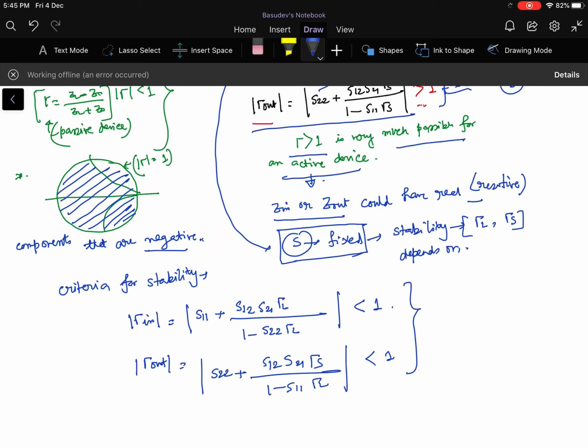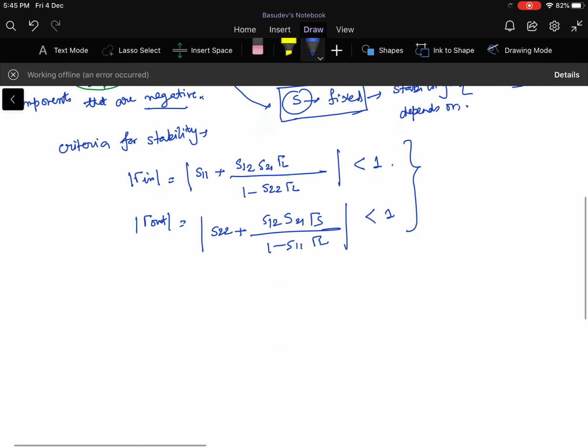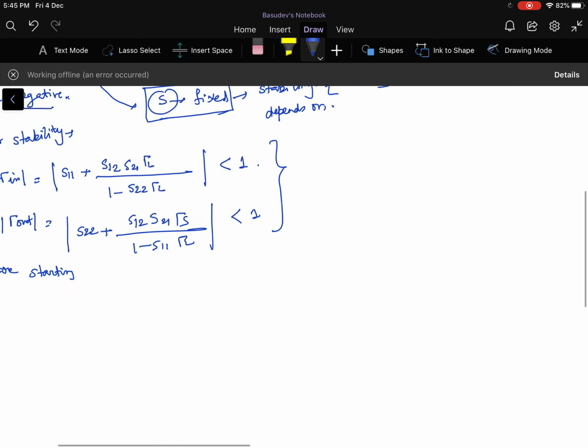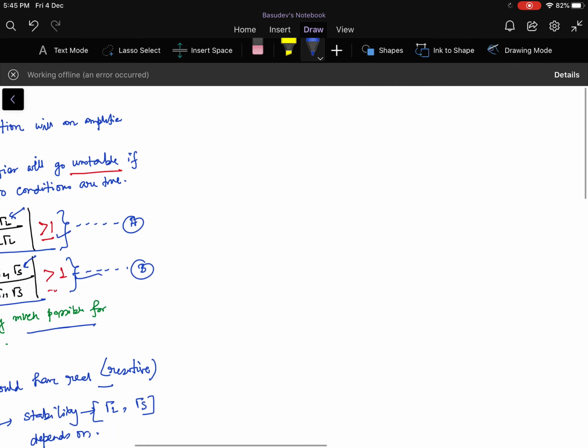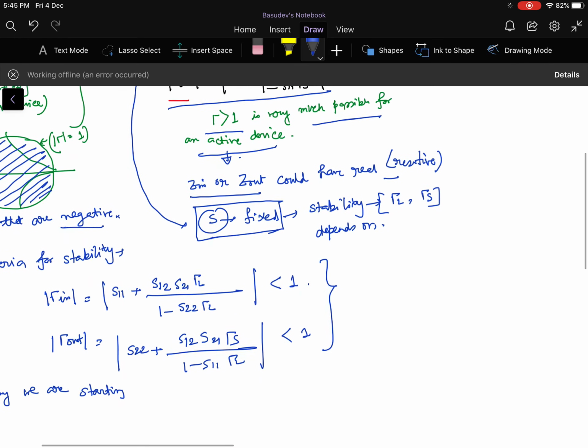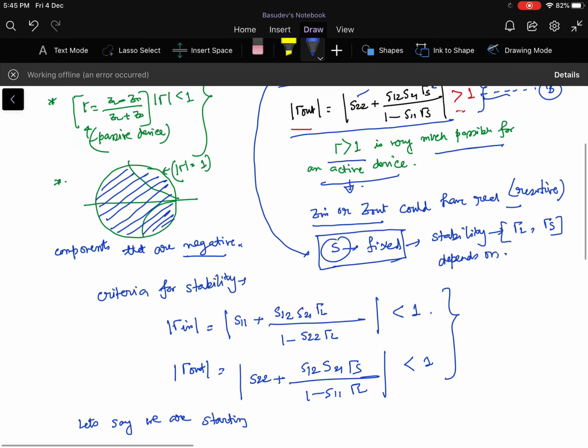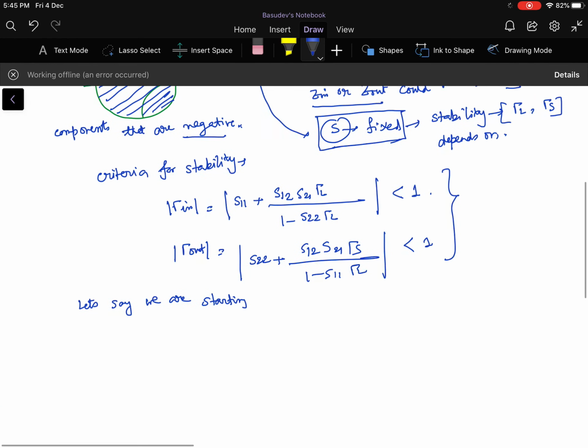So what I will do, we will start with the equation, and let's say the equation we are starting with is mod of tau in equal to 1.